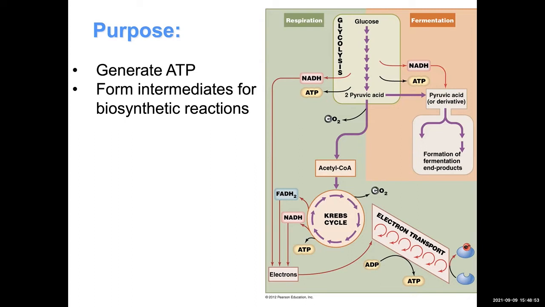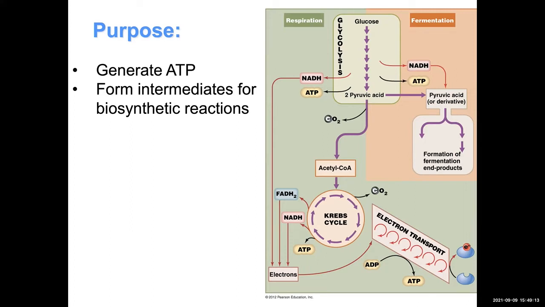We just talked about ATP in our question of the day. You mentioned how these anabolic reactions require ATP in order to synthesize larger macromolecules, for example, correct? And it's not only to generate ATP.